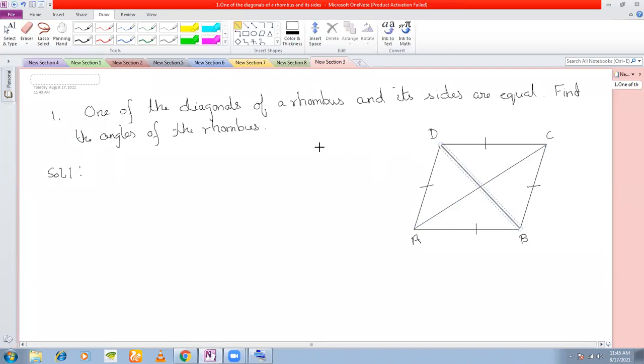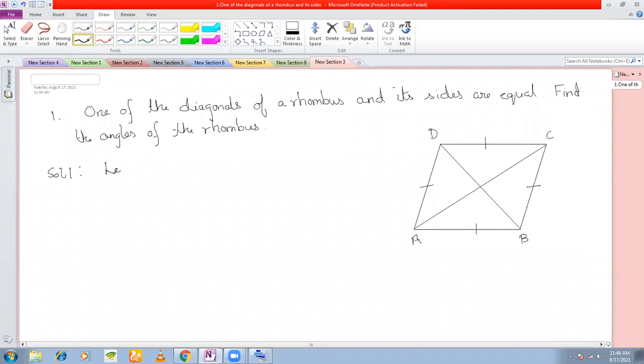These two are the diagonals. Now according to this problem, one of the diagonals, AC and BD, is equal to the sides of the rhombus. Which means that we can take any one diagonal. Let us take the diagonal BD.